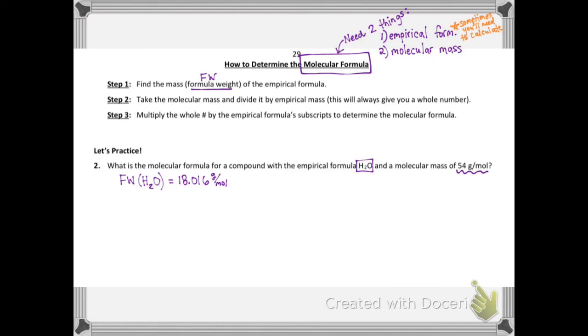So now I just take the entire molecular mass and divide that by the empirical molar mass. When you divide this, you should get a whole number answer. That tells you the molecular formula is 3 times as big as the empirical formula. So I just need to take all of the subscripts from the empirical formula and multiply them by 3, giving me H6O3. And I'm done.